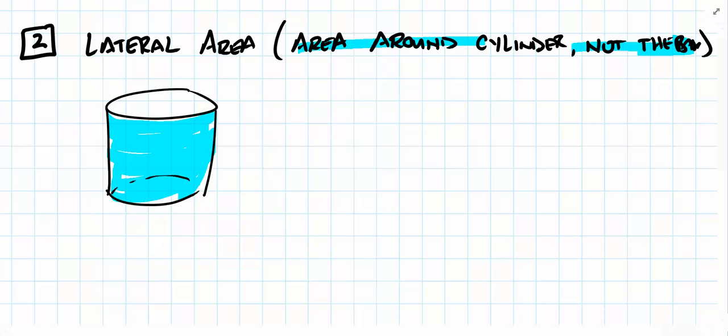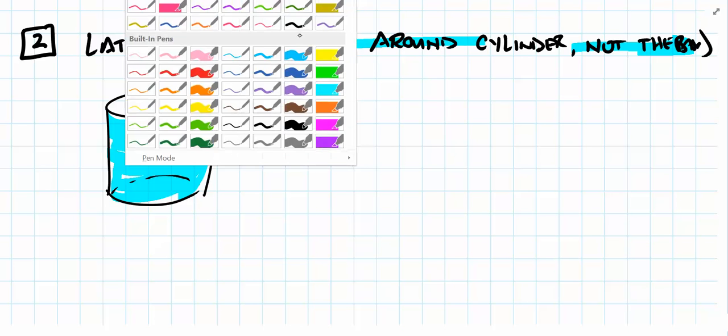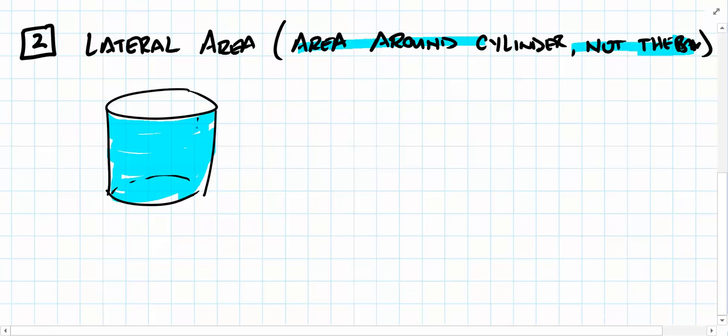So that being said, if we cut down the soup label and we unwrapped it, we have to go all the way around. What's the distance all the way around? What's the name for that thing? All the way around: the circumference, right? So the circumference has to be a part of this formula. So we're calculating lateral area.